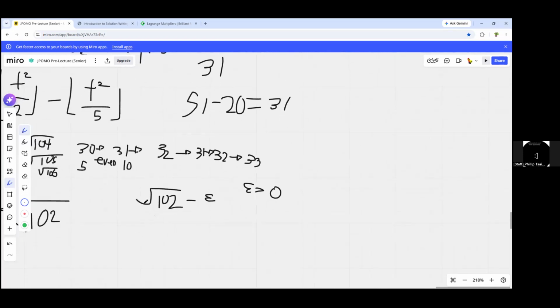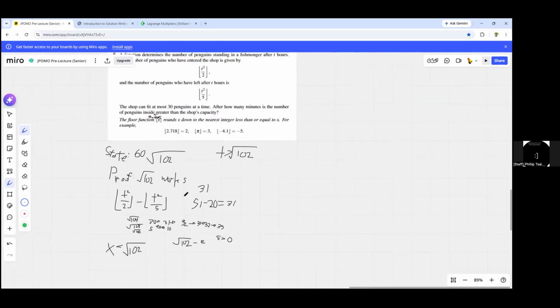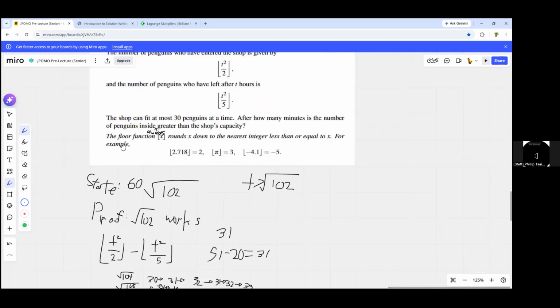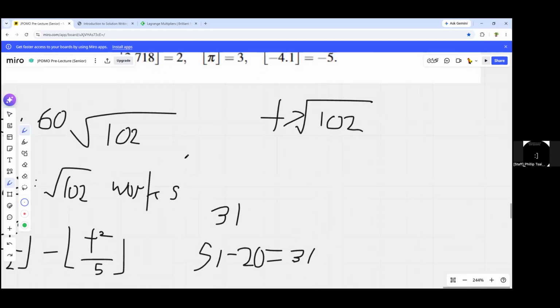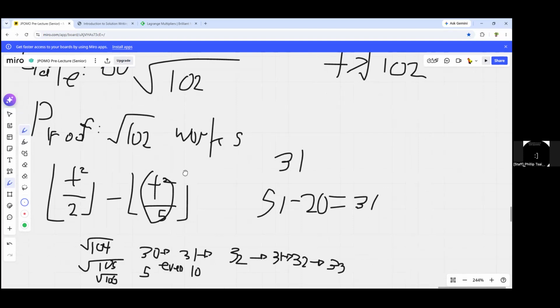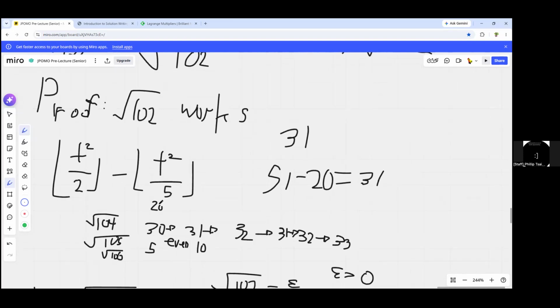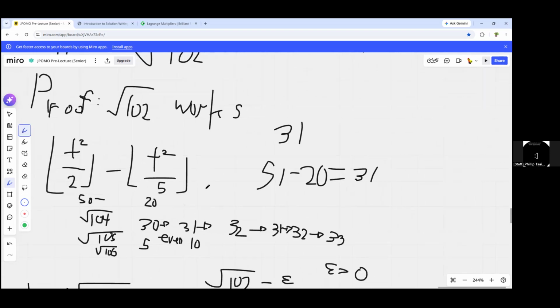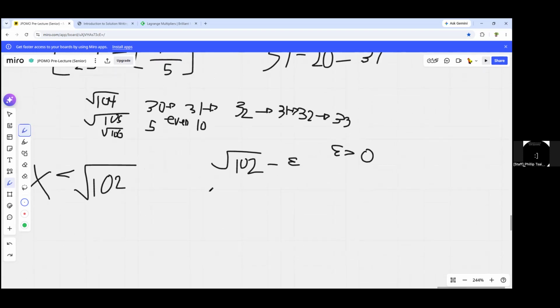You still get something slightly less than 102 here, and something slightly less than 102 here. So this is 20, and this is 30 still. And no, sorry, this is 50. So it's 50 minus 20, which is 30. Sorry, it's 2.